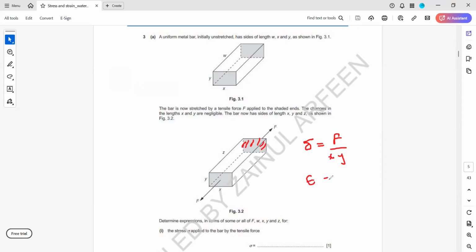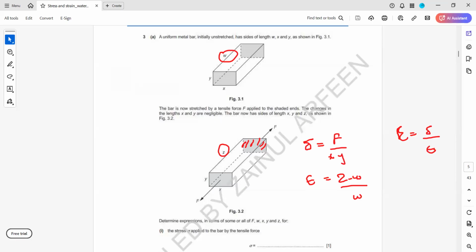If I need the strain, it's a change in length. Originally it was W and now it is Z. How much has the length changed? So Z minus W divided by W. The change in length divided by original length will give us the strain. And the Young's modulus is the ratio between stress and strain.